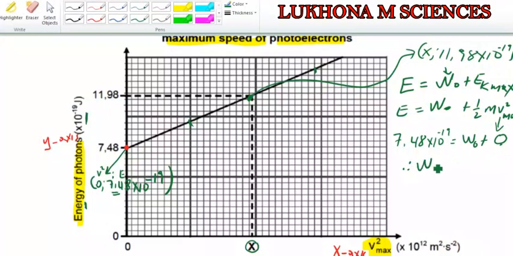Therefore the work function is equal to 7,48 times 10 to the power negative 19 joules. This is the work function. They said write down the work function.